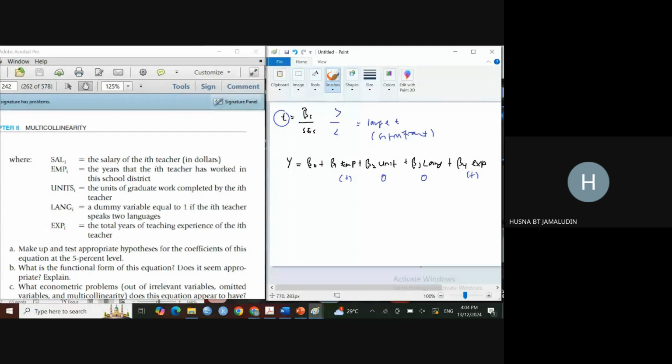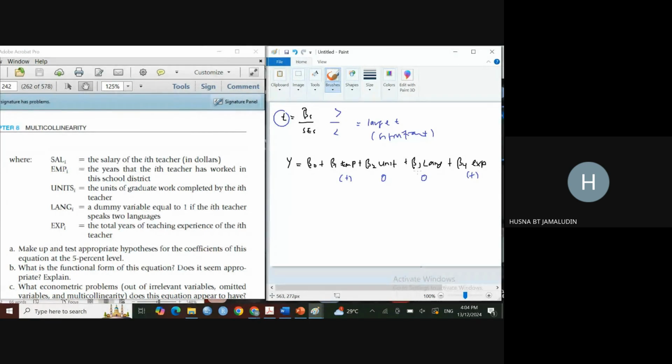There are so many issues with this equation. There are so many factors that can affect the salary, right? Yet they are taking two irrelevant variables. They want you to find out what the econometric problems are. So they give you two irrelevant variables, and then the other two are also having multicollinearity, right?